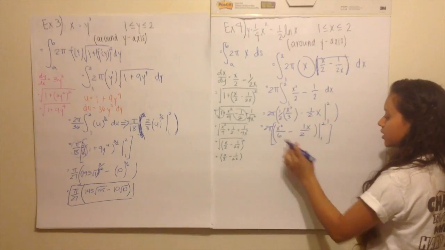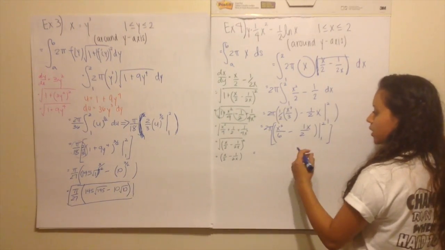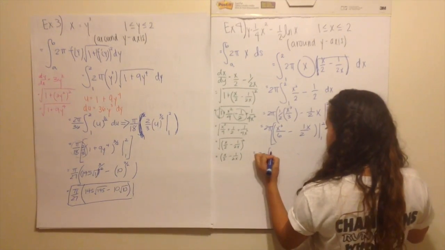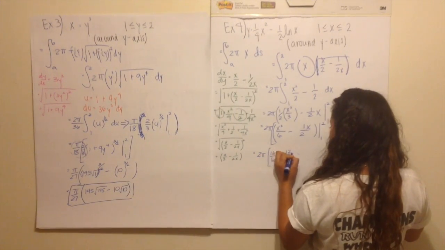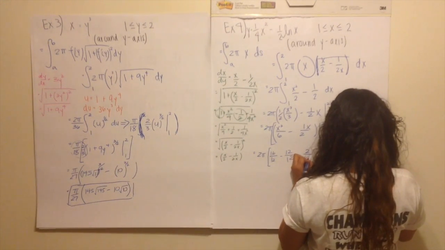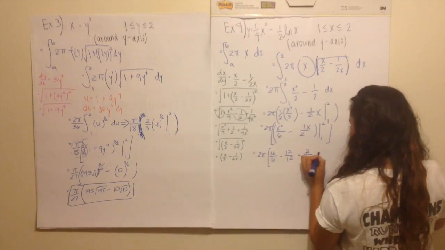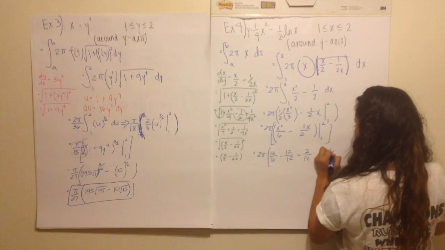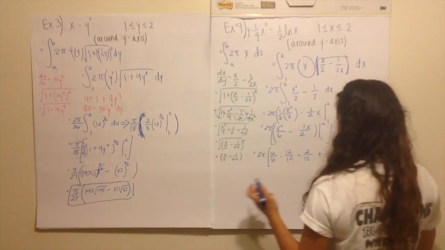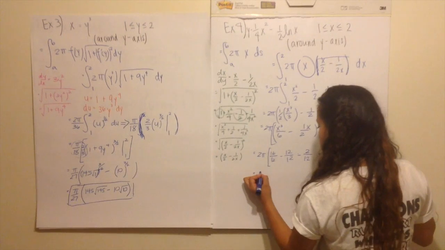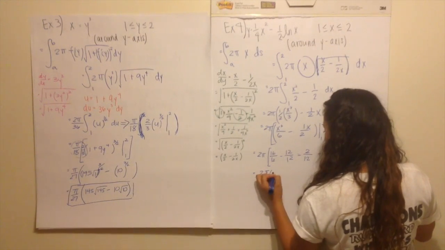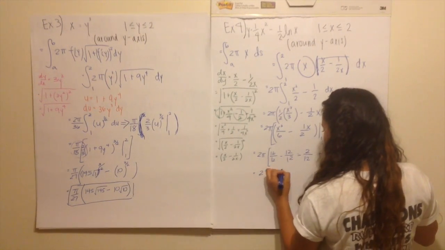Okay, and when we plug in our intervals and then find a common denominator, we would end up with 16 over 12 plus 6 over 12 minus 2 over 12 minus 6 over 12, so this would equal 2 pi times 4 over 12.